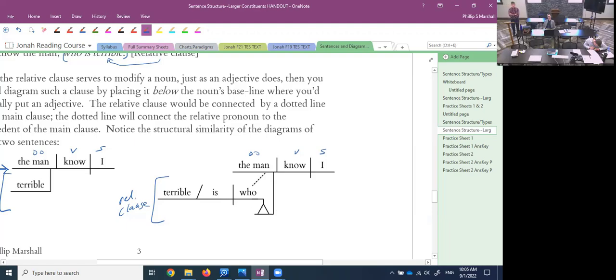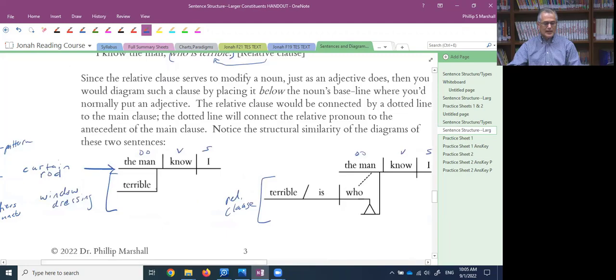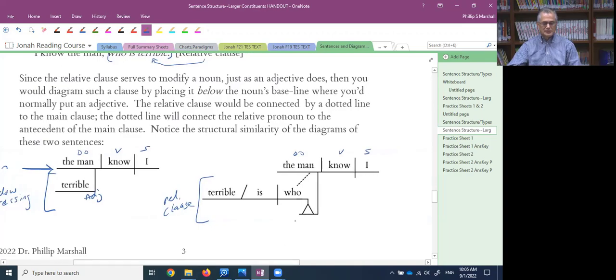Now, there's this line here, a straight line down, just like the adjective. But what's the difference between the two? I've got a clause that sits where the adjective would have sat. And so that clause has to be on its own standard to be able to give it its own baseline, because there's a complex structure here. Okay.